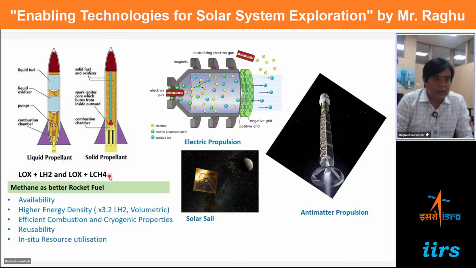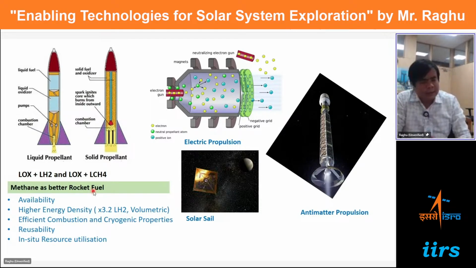Dr. Ganesh also explained that methane was the fuel. The reason is, if you look at other space programs, not only ISRO but other space agencies like SpaceX and NASA, they are all using methane rockets. Methane is the future fuel for lunar and Mars exploration and other planetary exploration as well, because it is abundantly available and has a higher volumetric energy density, almost 3.2 times that of liquid hydrogen.